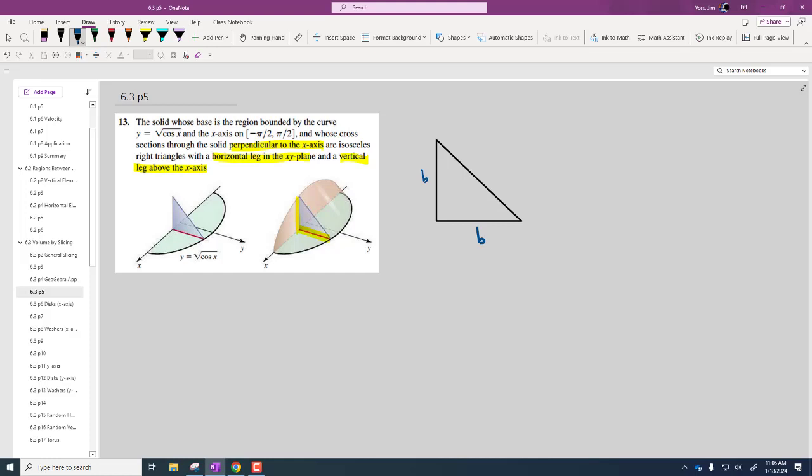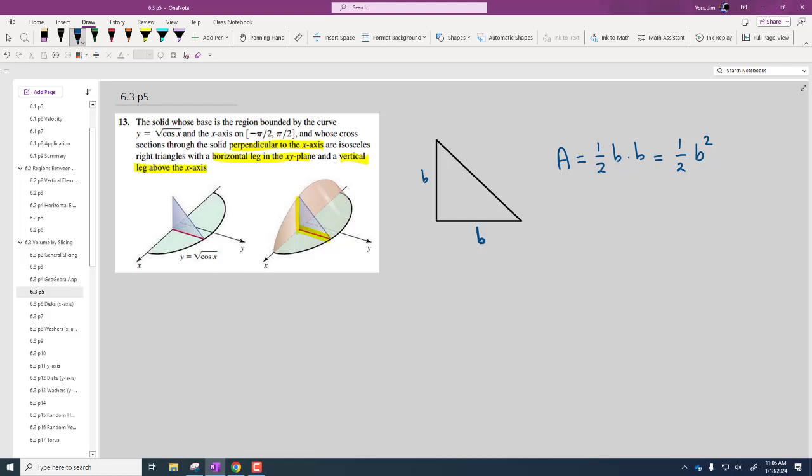If we want to find the area, the area is going to be 1/2 the base times the height. So we're going to get 1/2 base squared. Everyone okay with that? So half the base times the height, and the base and the height are both the same.